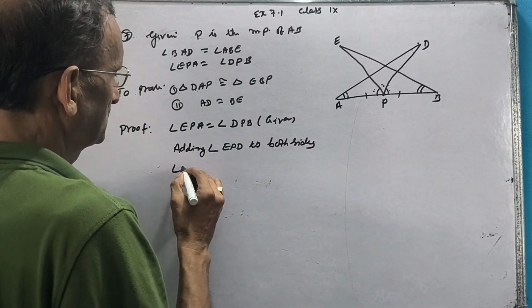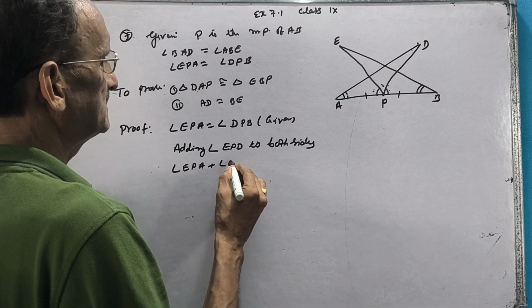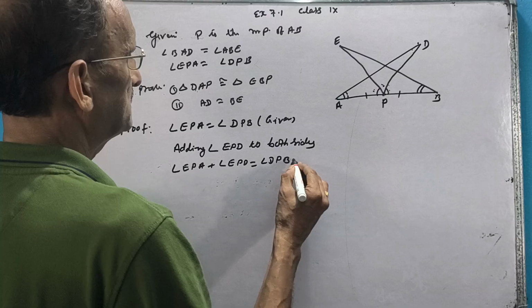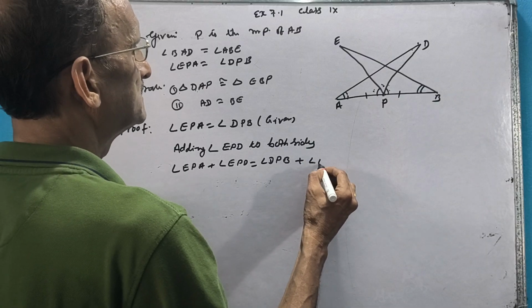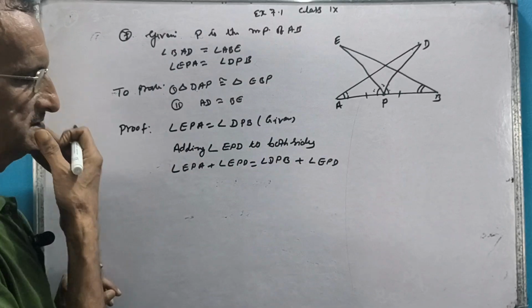Angle EPA plus angle EPD equals angle DPB plus angle EPD. We will add EPD to both sides.